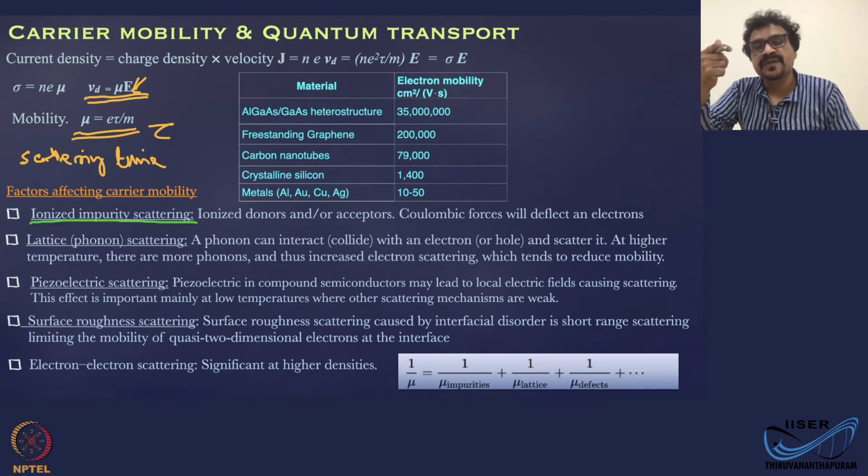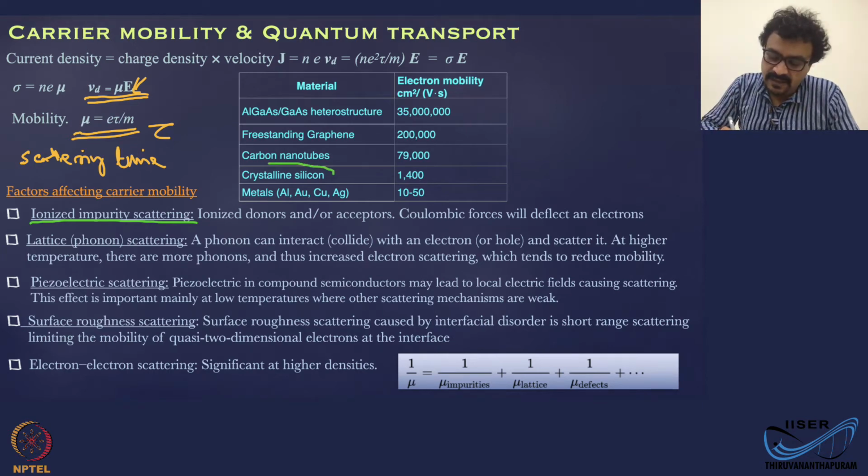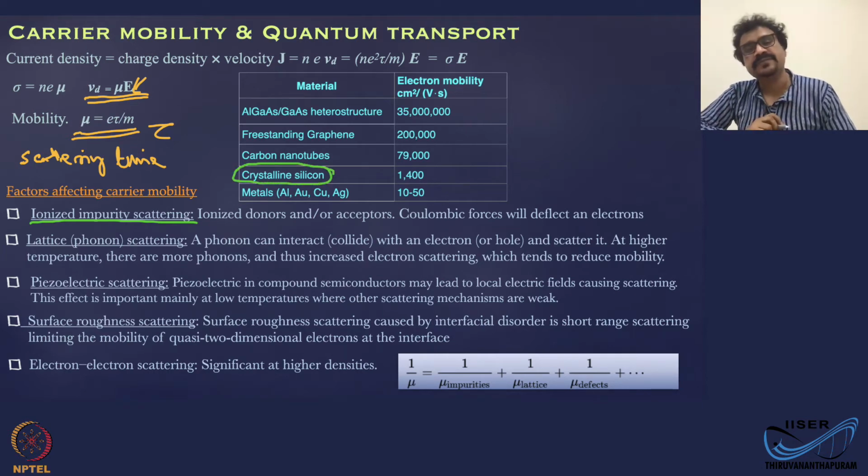These will get ionized, and those charge centers, positively or negatively charged, can interact with the electrons or holes in the system, and that can deflect or change their path. That is a major reason for the deterioration of the mobility in bulk materials.